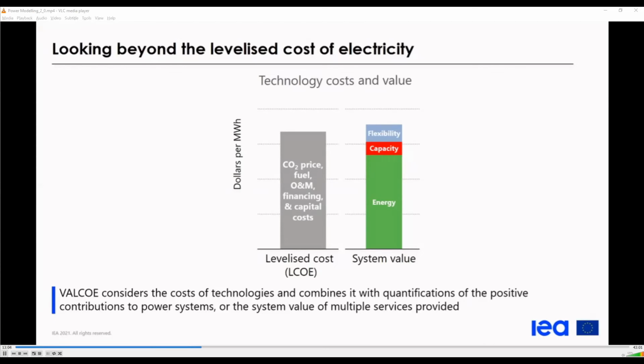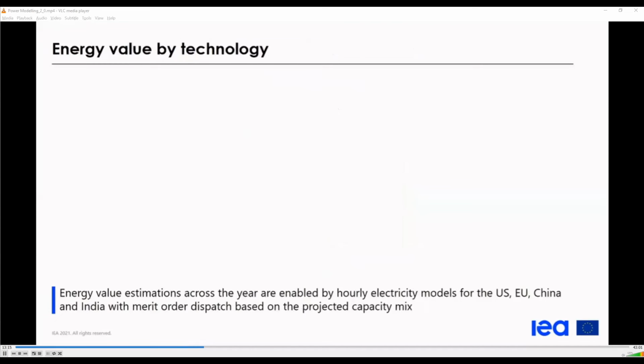So the concept behind the LCOE is taking these costs, these values, and merging them. So the energy value is the one that really has the most impact. Selling electricity is today the largest source of revenues in competitive markets.